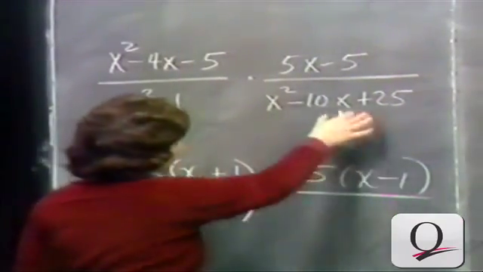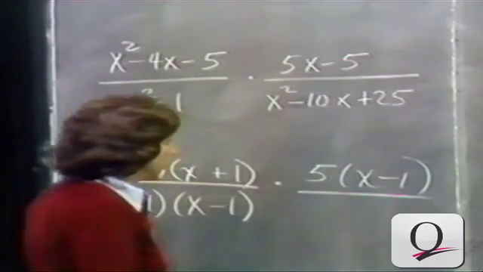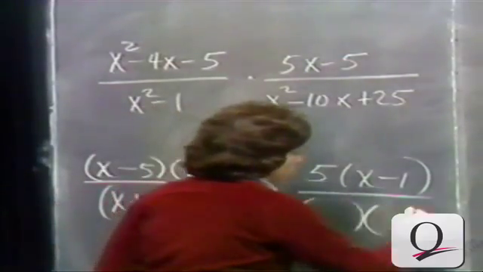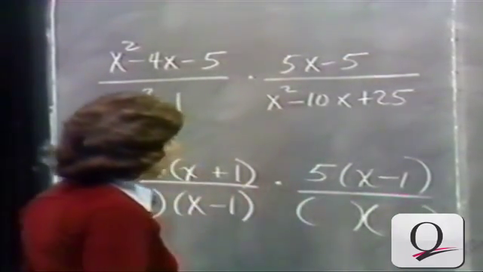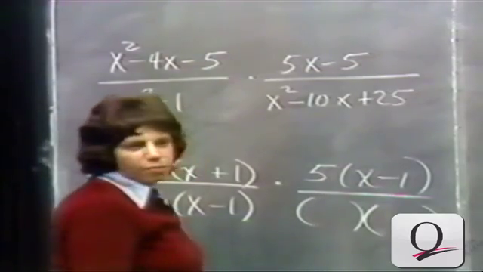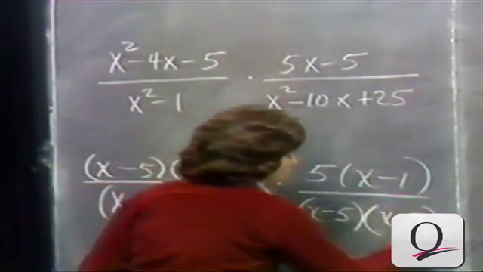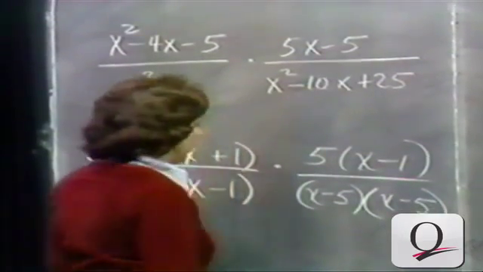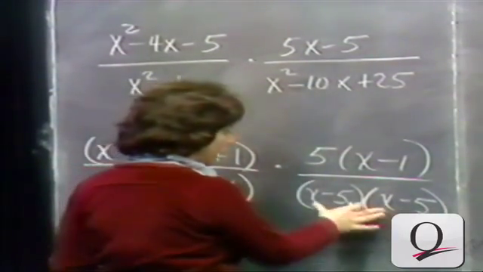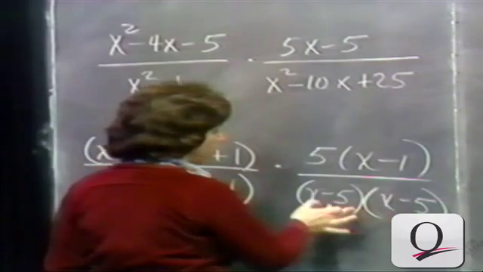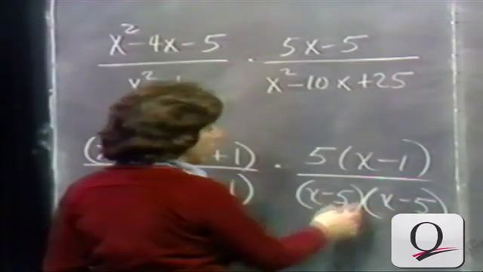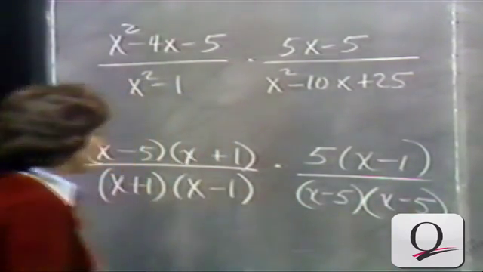And on the bottom here, there is nothing in common that we can pull out, but we can factor two numbers which multiply to plus 25 and add to minus 10. And of course, they're minus 5 and minus 5, giving us, once again, checking by FOIL, x squared minus 5x minus 5x for minus 10x, and then plus 25.